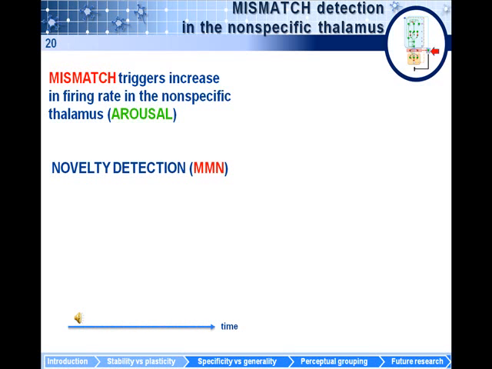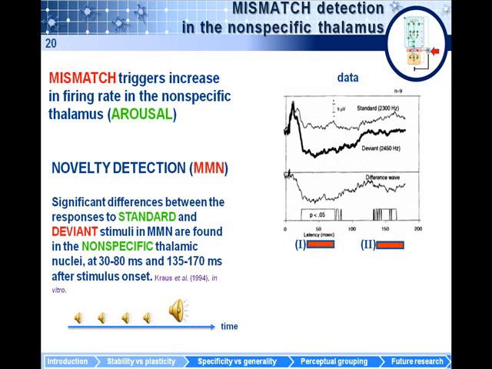So if, for instance, you take a guinea pig and you give a sequence of homogeneous stimuli and then present a stimulus with a high intensity, you will cause a mismatch negativity wave, and experimental recordings in the brain have shown that this particular wave is generated in the non-specific thalamus.